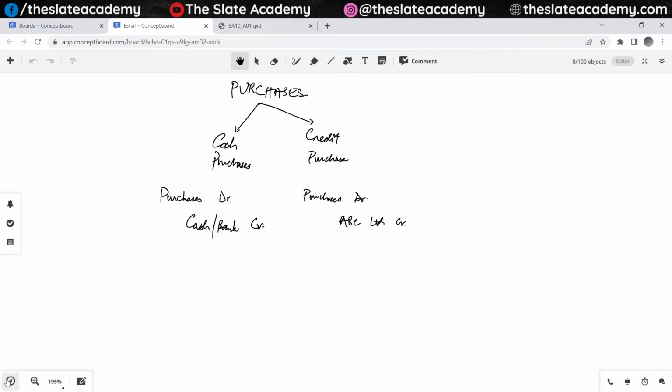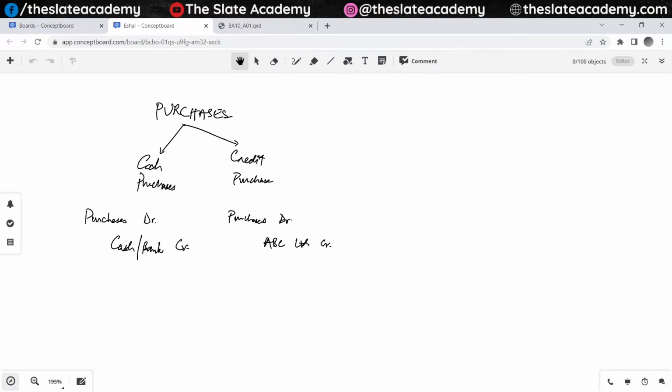So the same way I've got purchases, I could also have purchase return. For purchase return, the entries would be the opposite of these two. It could be purchase return or it could be return outwards.